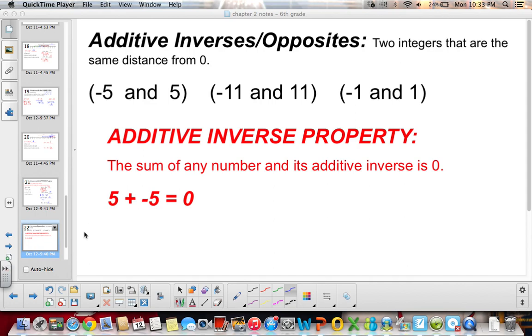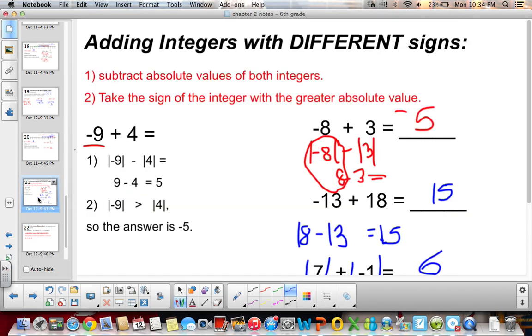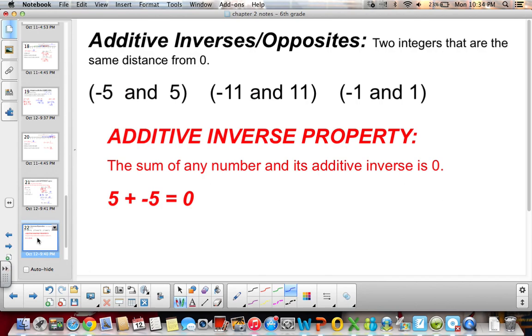Let's skip starting at the number line, and let's look at our instructions for adding integers with different signs. Okay, so our first step is to subtract absolute values of both of the integers.